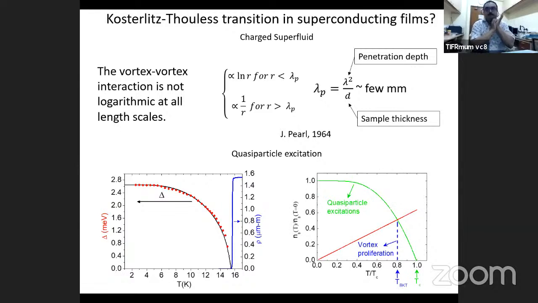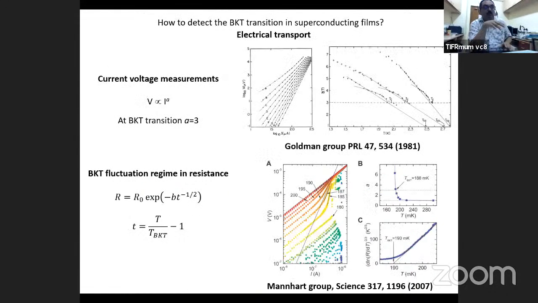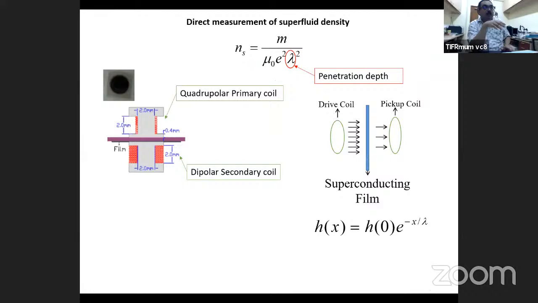What will happen when you have a Kosterlitz-Thouless transition, then on the top of that, when you reach the Kosterlitz-Thouless transition temperature, your superfluid density will abruptly come to 0. So instead of this curve going smoothly to 0 like this, it will go like this, and then here it will go to 0.